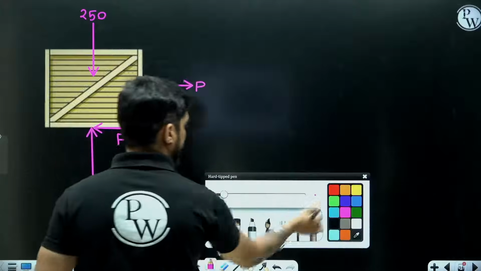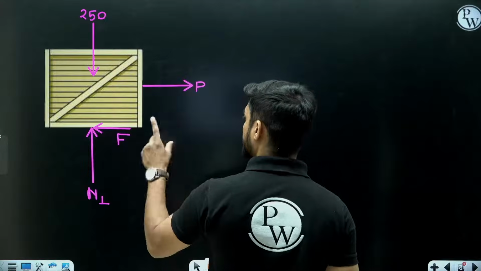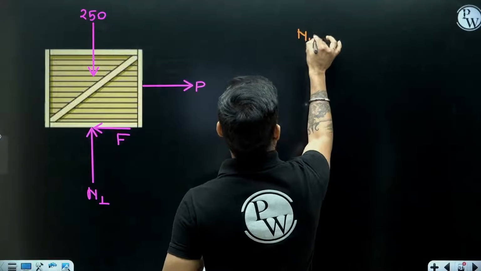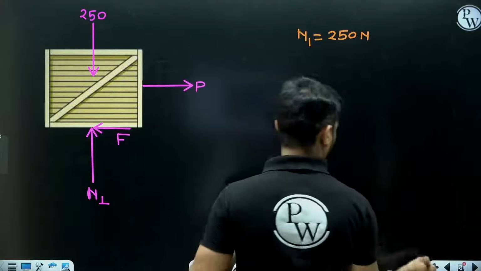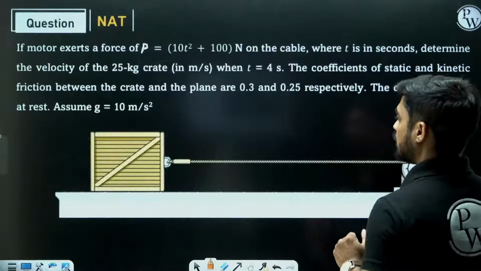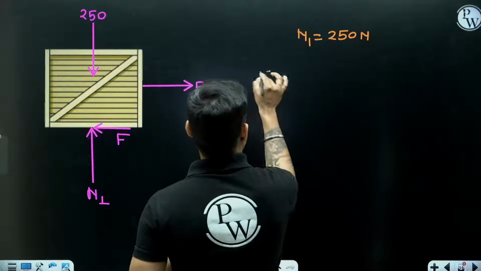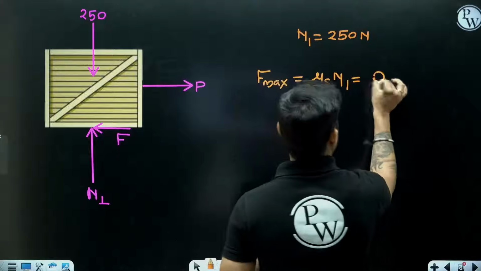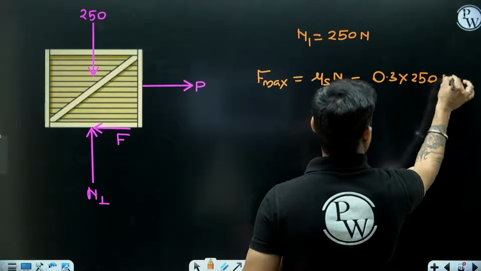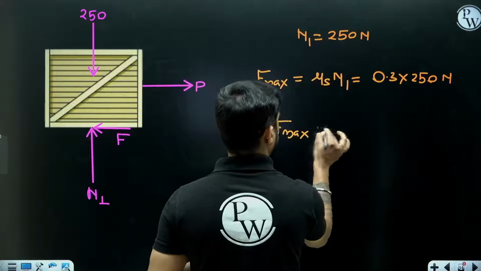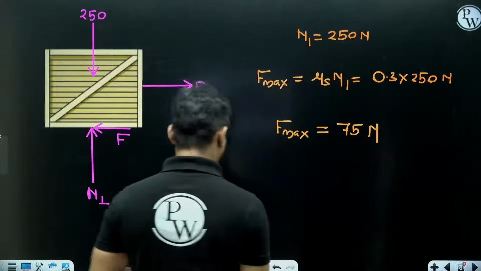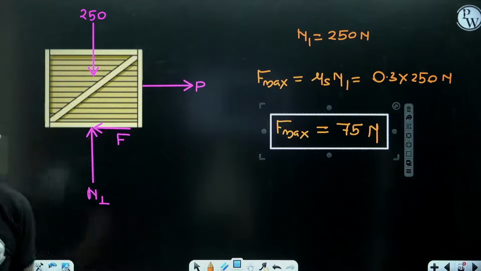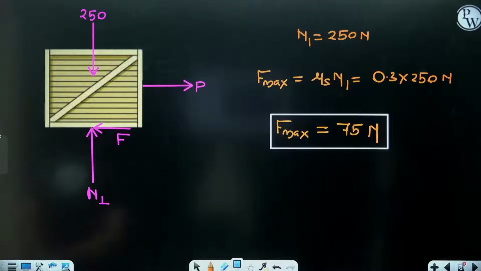So first you will calculate the maximum friction force that the crate and the surface will have. N1 will be equal to 250 Newton because the crate is not moving in the Y direction, right? The maximum friction force which you have to overcome in order to move it is F maximum, 75 Newton. So the crate will move only if you apply more than 75 Newton. Now understand here.